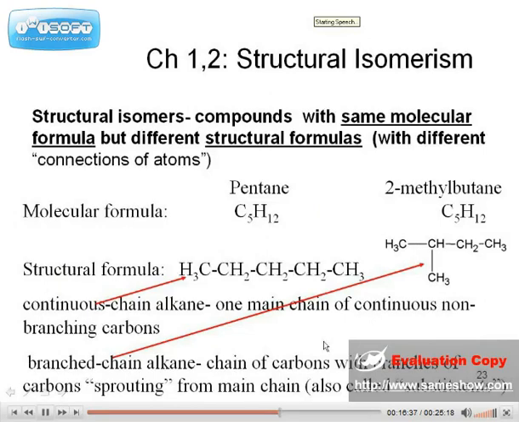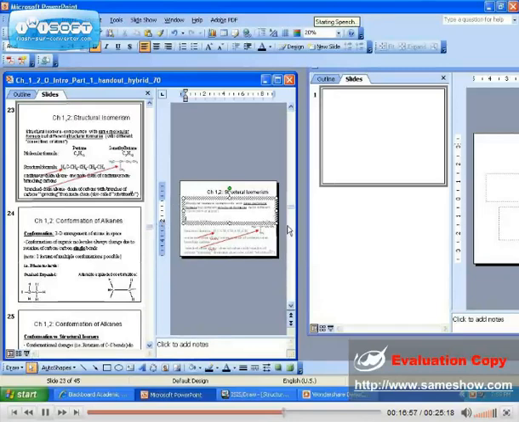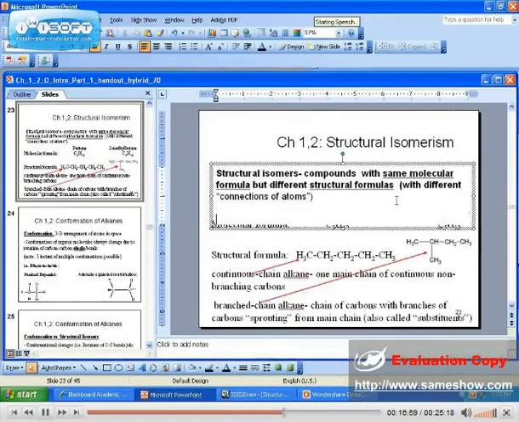So moving on, again, structural isomers: same molecular formula, different structural formulas. I really should say it's not so much structural formula as it is molecular formula.